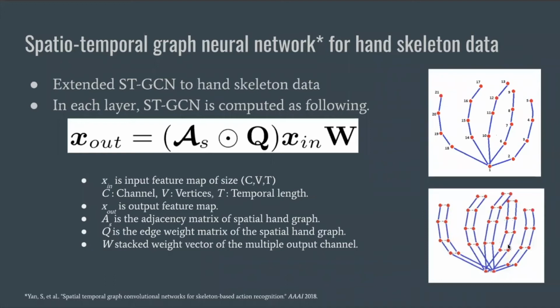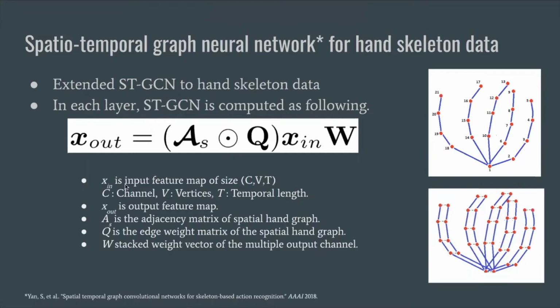Now, once we have the input feature map, X in, it is three-dimensional data. It has first the number of channels, then the number of vertices, that is the number of joints in the hand, and the number of time frames. And for this spatio-temporal graph neural network, we do a spatial convolution in its second dimension, that is the vertex dimension, and a temporal convolution on its third dimension, that is the temporal dimension.